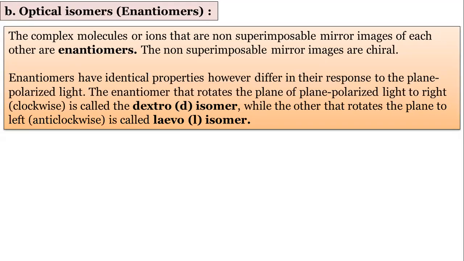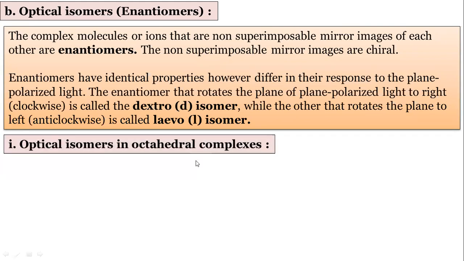There are 2 types of enantiomers, dextro and levo. When the plane of plane polarized light is rotated to the right hand side, it is called dextro, and when it is rotated to the left hand side, it is called levo isomer. We already discussed these in detail in chapter number 10.